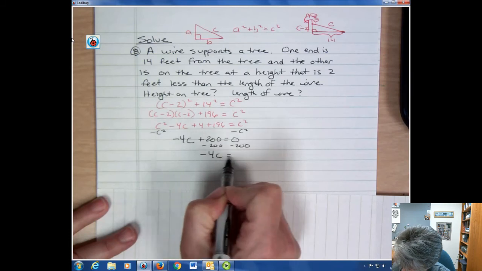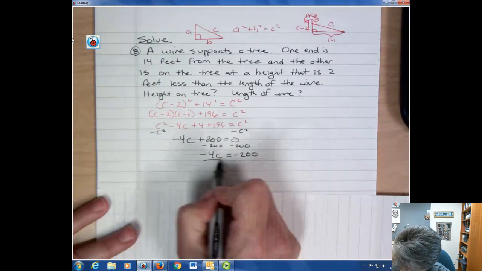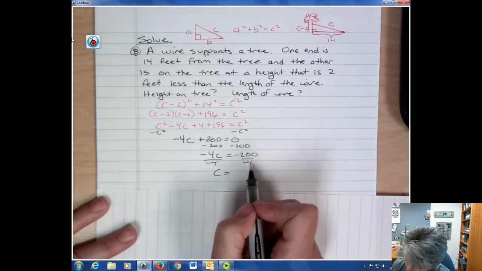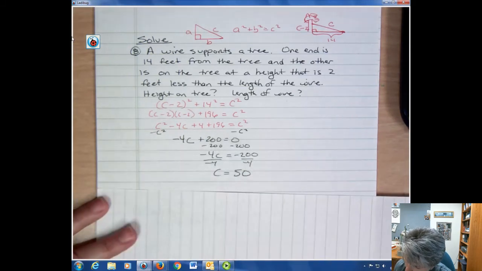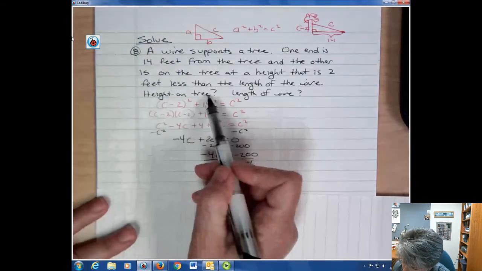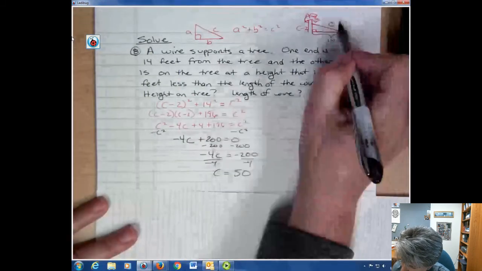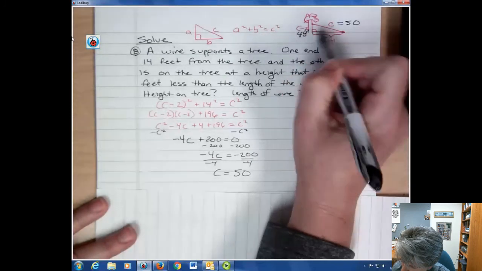Negative 4c is negative 200, and divide by negative 4, and I get c equals 50. Is that what they were asking? Well, they asked how high is it on the tree, and they also wanted to know the length of the wire. So the length of the wire is 50, and the height on the tree is 48 feet.